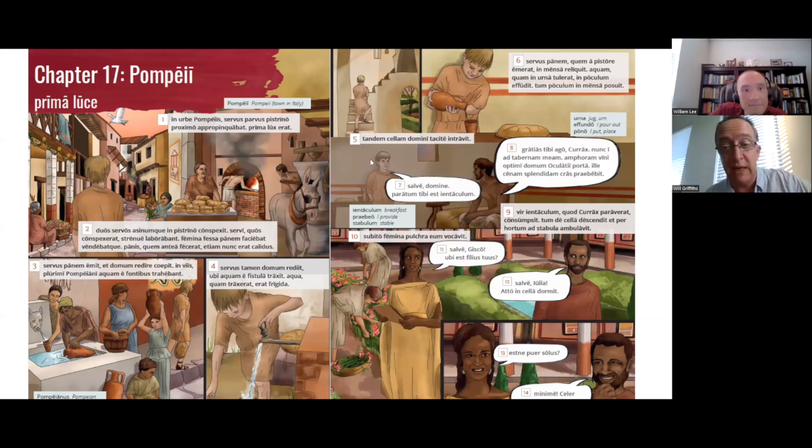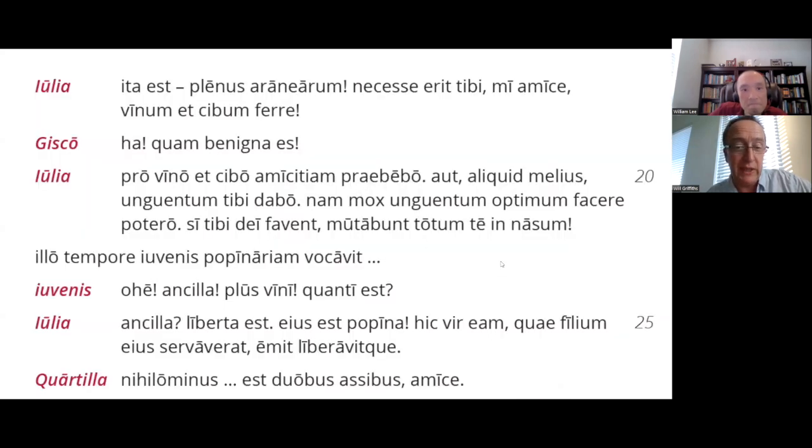We see that Curax is now with Gisco, and we see in a later story, and again we probably haven't got the time to dig into this, but have a look for yourselves, that Cortilla has survived. If you look there at line 25, she has been purchased and freed by Gisco because she saved Gisco's own child in that fire.